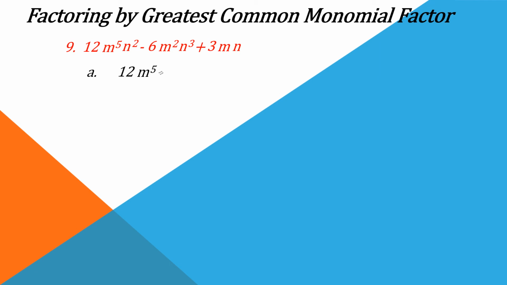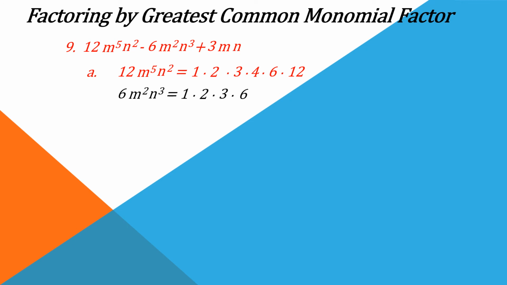For letter A, 12m to the fifth n squared, the factors are 1, 2, 3, 4, 6, and 12. It means 1 multiplied by 12 is equal to 12, 2 multiplied by 6 is equal to 12, and 3 multiplied by 4 is also equal to 12. For 6m squared n cubed, the factors are 1, 2, 3, and 6.